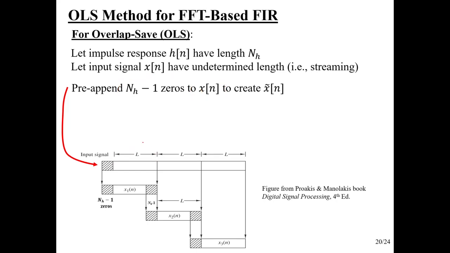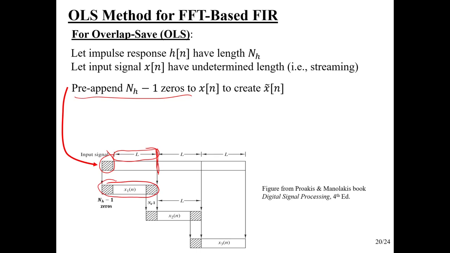So we put in L input samples. Now I didn't take pains to keep notation similar to Oppenheim's, because I'm really basing this on Proakis and Manolakis' book. When you see NB, you're talking about overlap add. When you see L in these notes, we're talking about overlap save. So our first block is going to be L input samples and some pre-appended zeros. And then we take all of that and we put it down here.